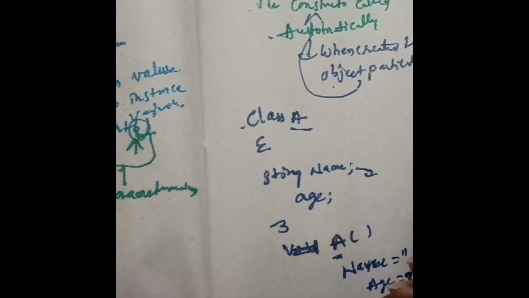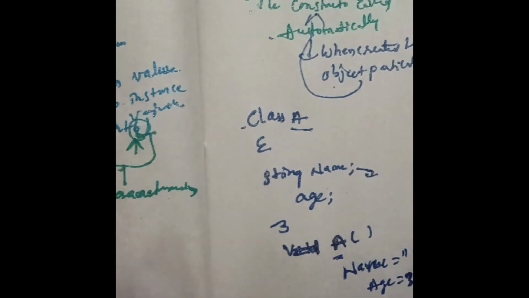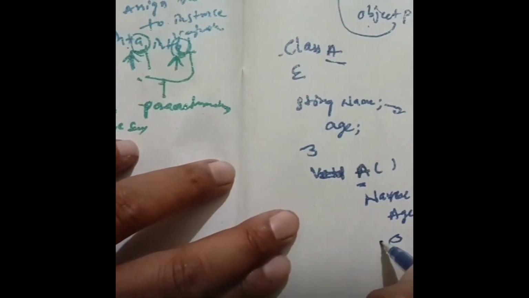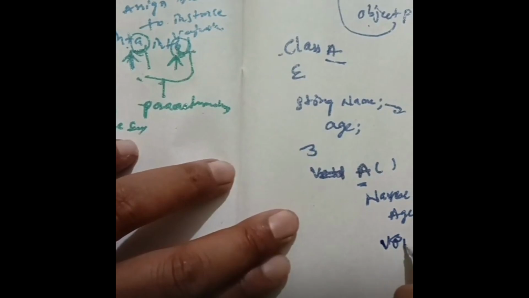This is how we write the constructor in our program. Another method we want to take is void talk, which we declare in our program.